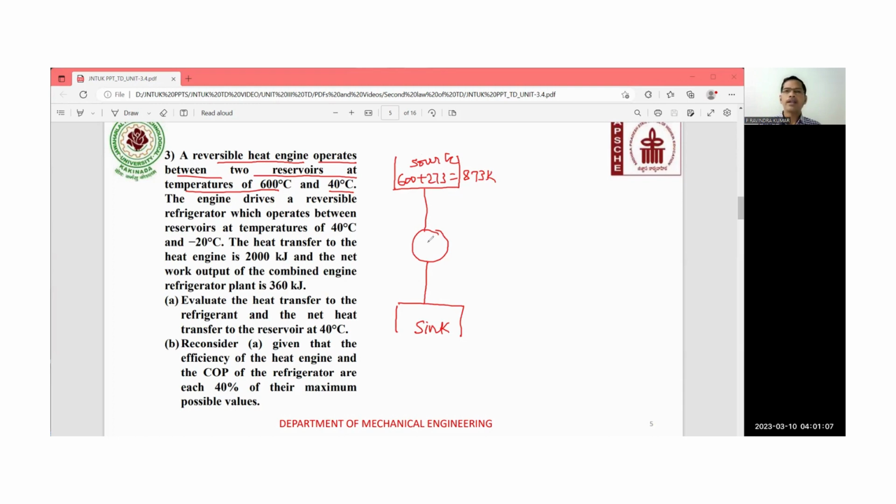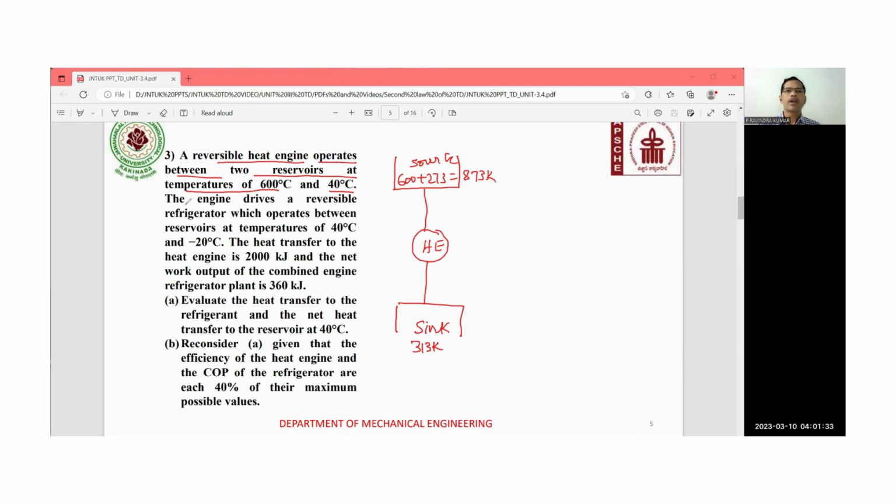And this is the heat engine. The sink temperature is 40 plus 273, that is 313 Kelvin. Right? So now this part is over. Come to the second part.